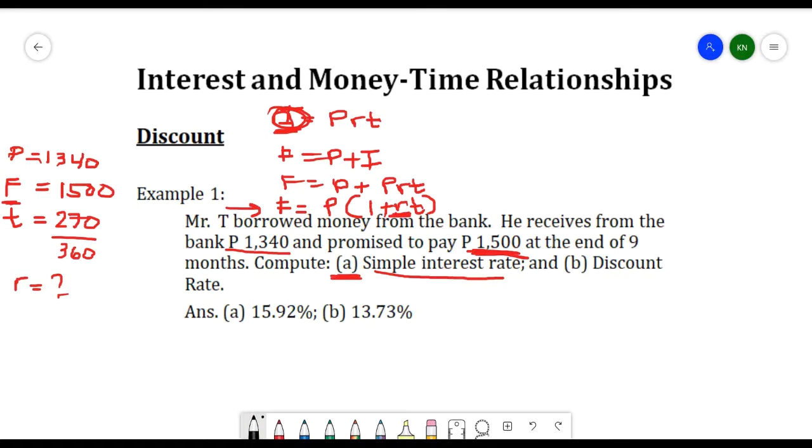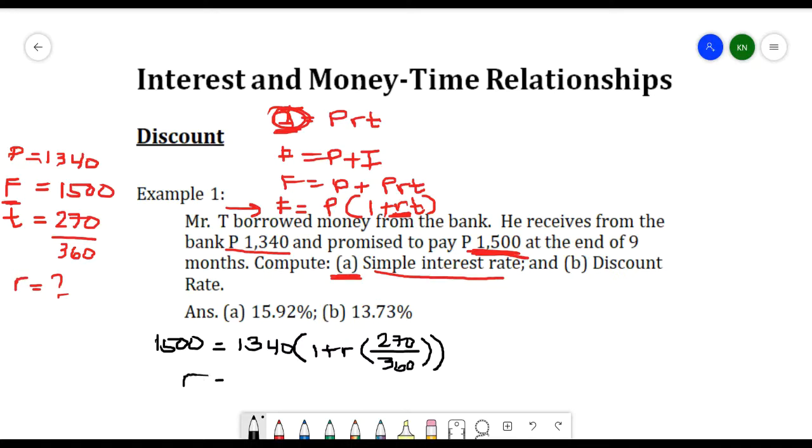From that formula, we can already substitute our F, which is 1,500, equivalent to P, which is 1,340, times 1 plus R, which is unknown, and our T, which is 270 all over 360. So we can already solve for the R here.